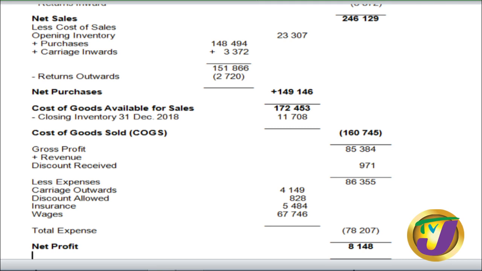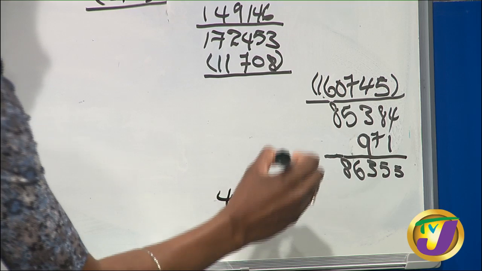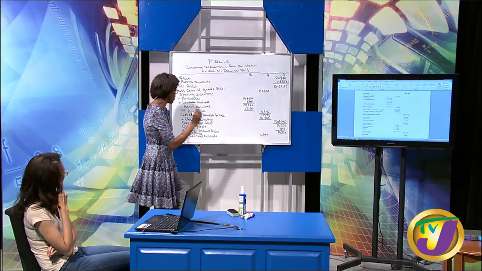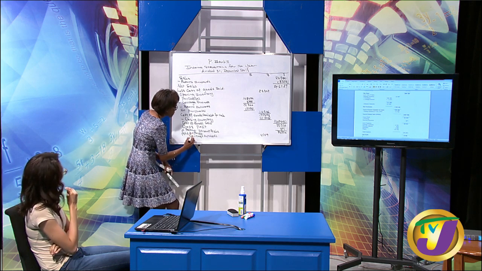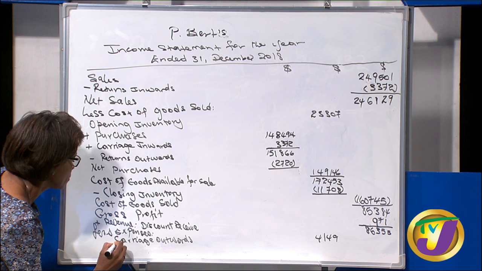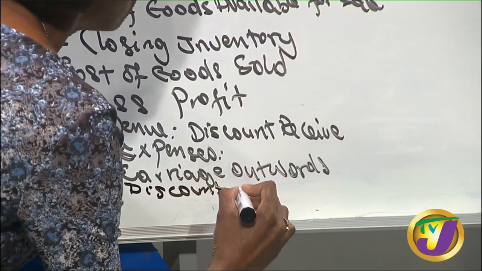Sorry, student. $4,149. So we're going to put it in the middle column. We have discount allowed. Remember, I told you that was an expense because we're giving our customers discount.